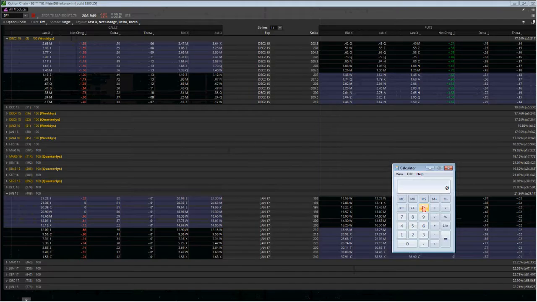Meaning, if you hold that stock overnight on Monday, you're going to lose 20% of the value of that option overnight. If you were to hold that stock overnight on Tuesday, you're going to lose 25%. If you hold it overnight on Wednesday, you're probably going to lose like 33%. And if you hold it overnight on Thursday, you're probably going to lose 50% into Friday morning.